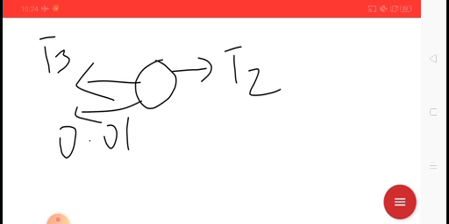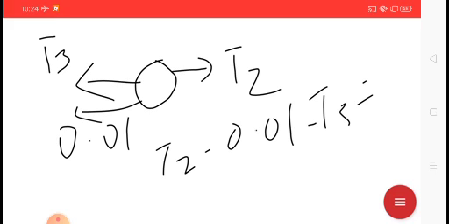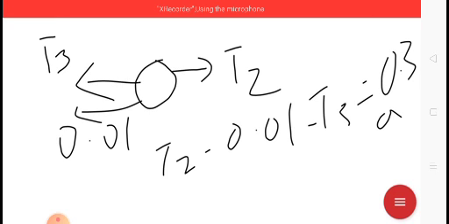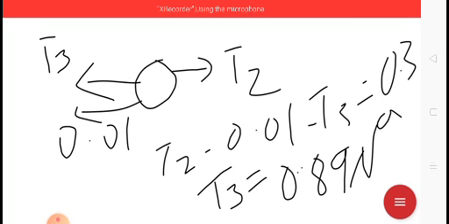Same thing, T2 minus 0.01 minus T3 is equal to 0.3a. By substituting the a and T2 inside, you should get T3 equal to about 0.89 Newton.